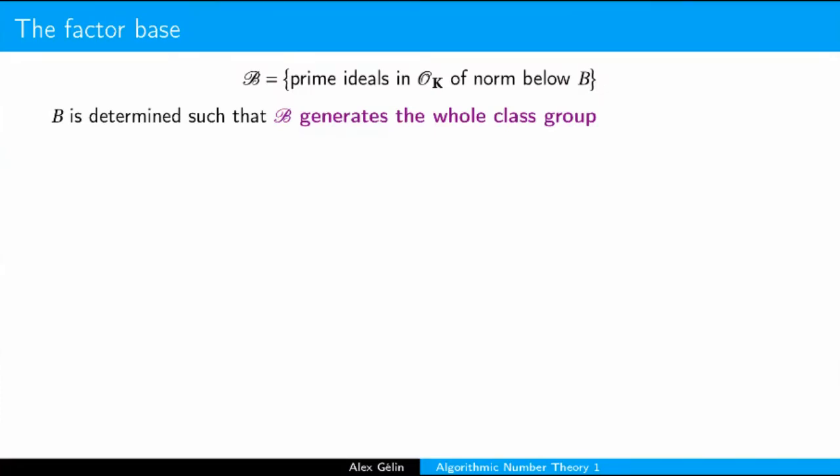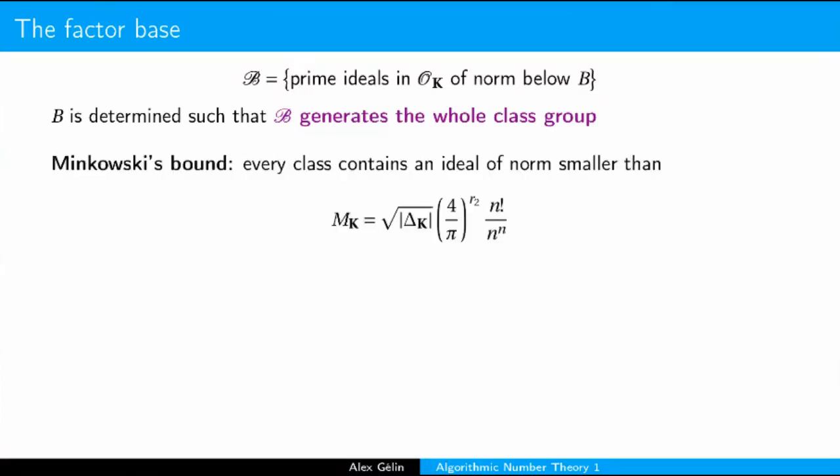Does such a bound exist? Yes. The first one is a bound from Minkowski that says that every class contains an ideal of norm smaller than this bound. Okay, nice. Well, not that nice, but we have a bound. The problem of this bound is that there is the square root of the discriminant.